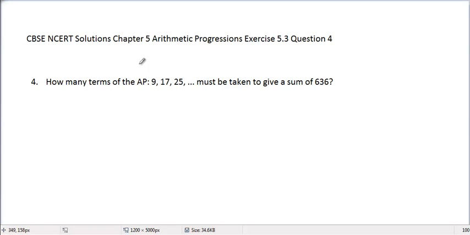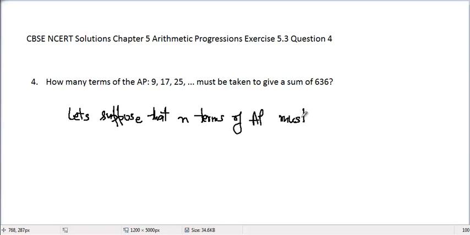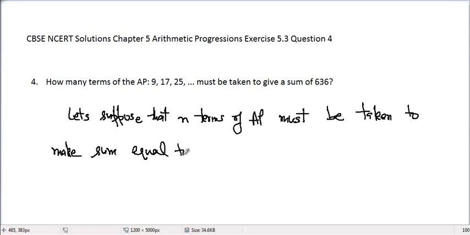Now basically they are asking us how many terms of this AP we need to consider so that the sum of the AP becomes equal to 636. Let's suppose n terms of the AP must be taken to make the sum equal to 636.